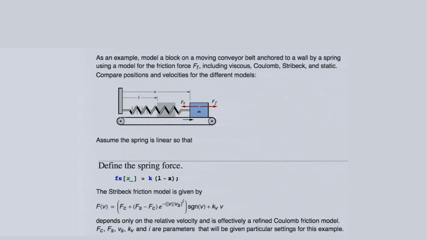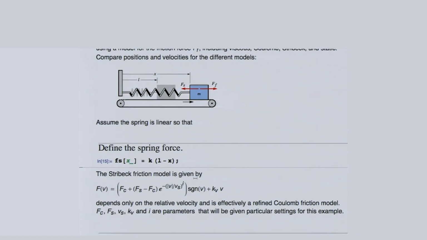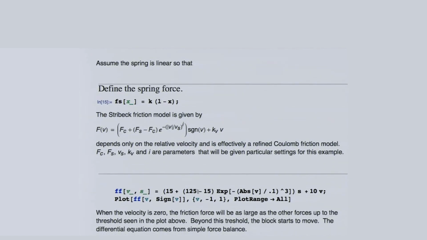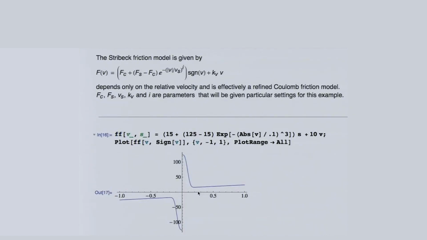Now we're going to set up a friction model. So let's assume we have a linear spring. Okay, and we're going to use a so-called Stribeck friction model, which looks like this. And I'm not going to explain it. I'll just show you the graph for this. So basically, when the block is stopped, it has very large, essentially static friction.